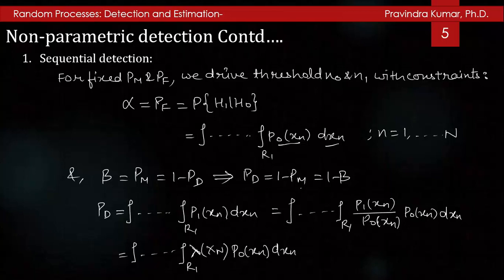So we can also write the probability of detection as the N-times integration in the critical region R1 of lambda(xn) p0(xn) dxn, where small n is from 0 to N.